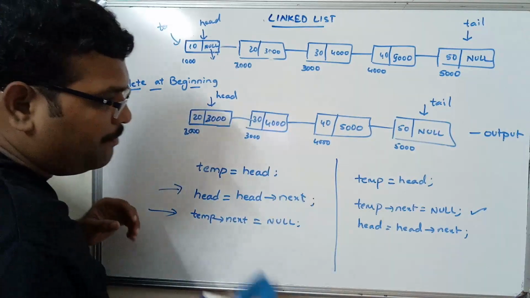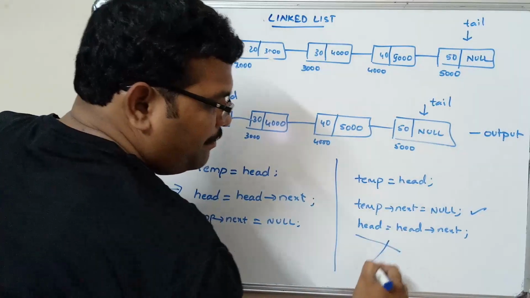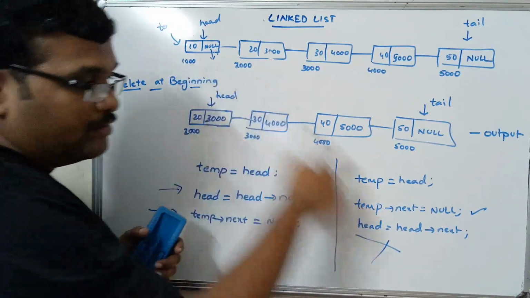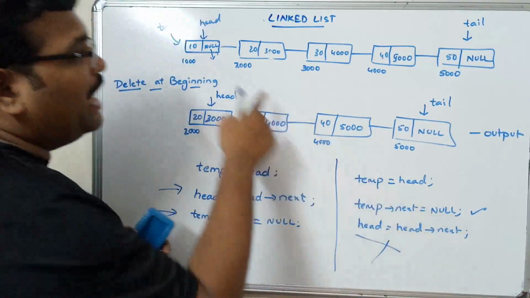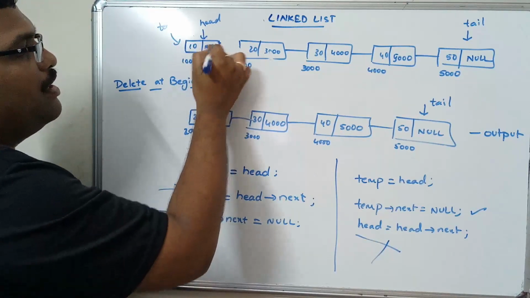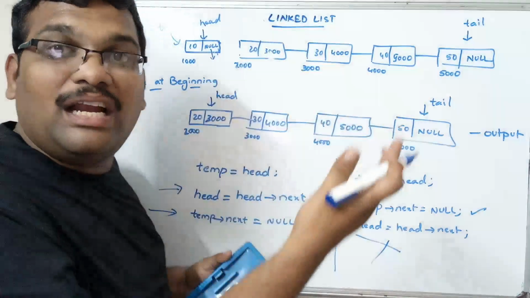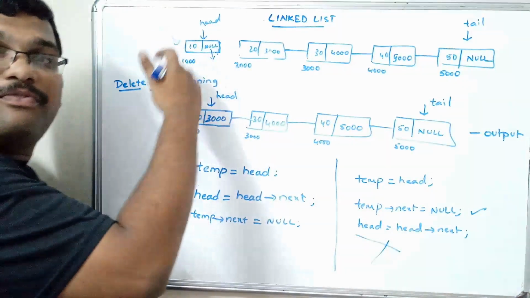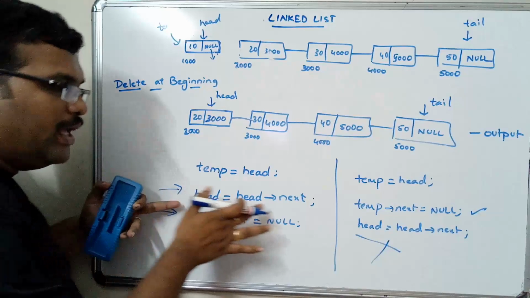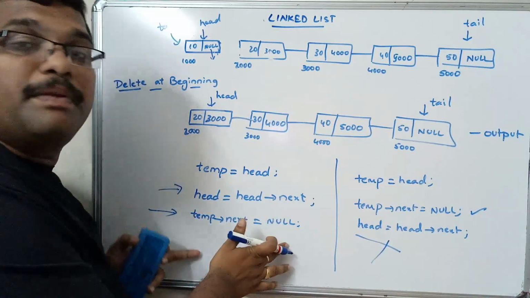So that's why, that's the main drawback here. We can't move the head after placing the null, right? So in the first step we are placing the null at the address position. So automatically the link has been disconnected. So we can't move the head to the second element because there is no link from the first element to the second element. That's why we have to first move the head and then we have to place the null.